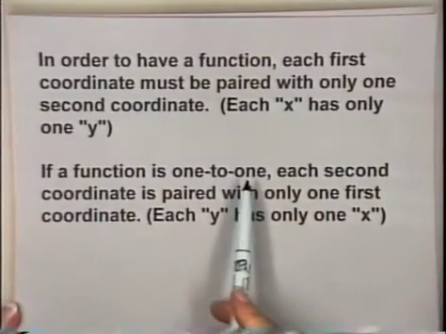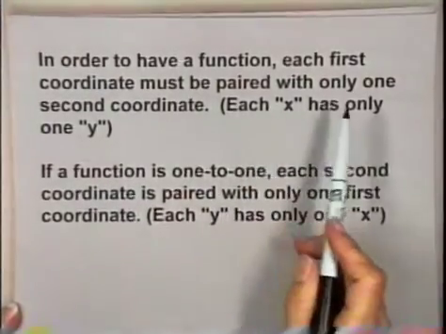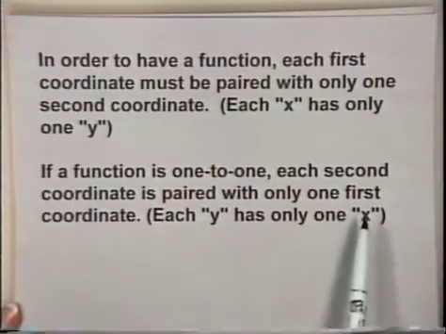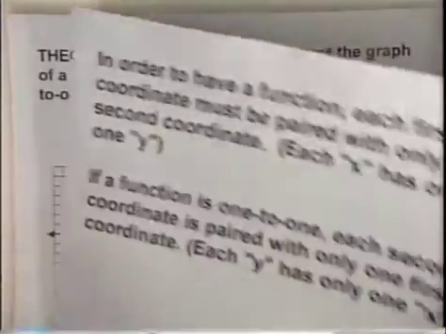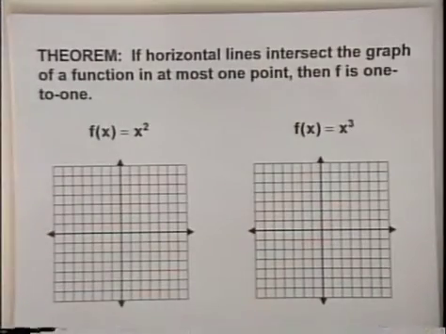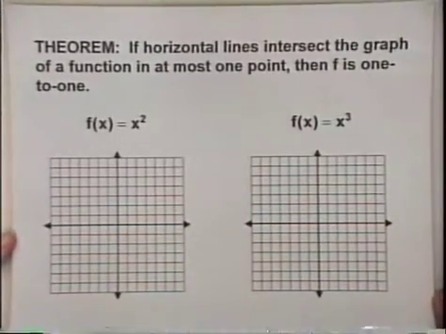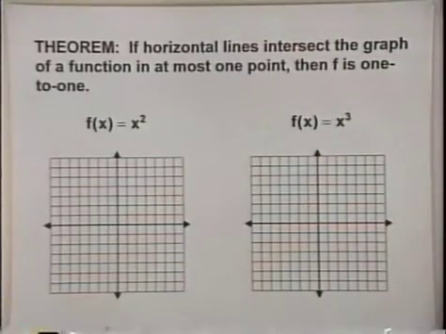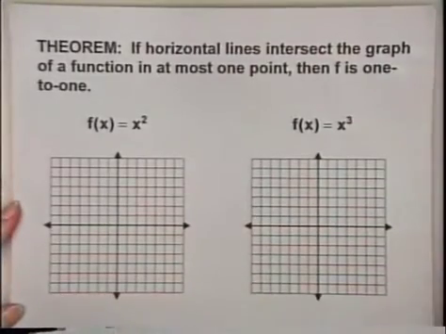So 1 to 1 function, the fact that it's a function says each x has one y. 1 to 1 says each y also has one x. We have a theorem. If horizontal lines intersect the graph of a function in at most one point, then f is 1 to 1.